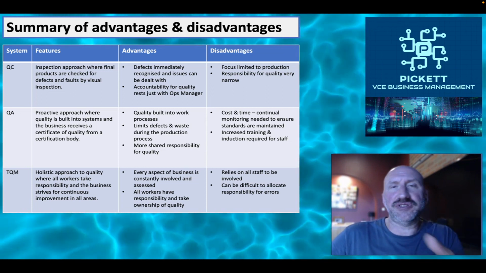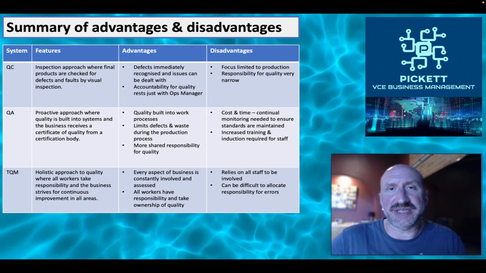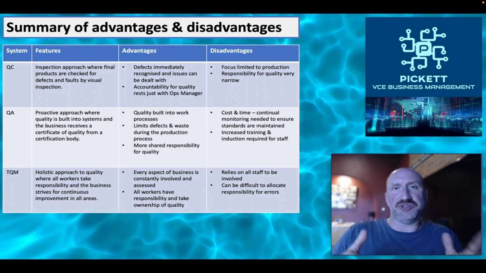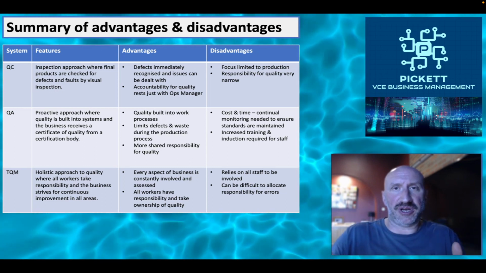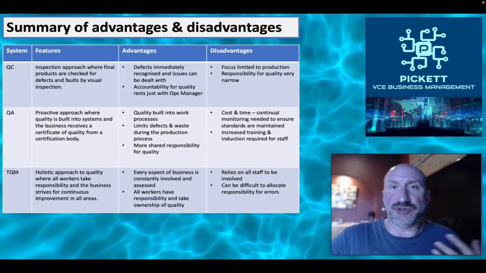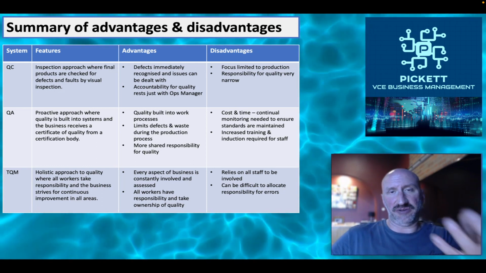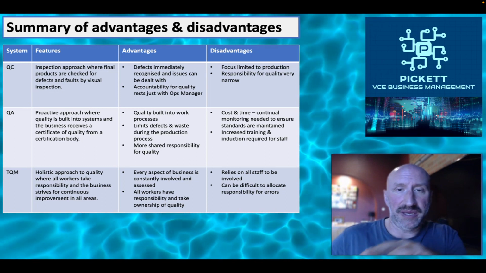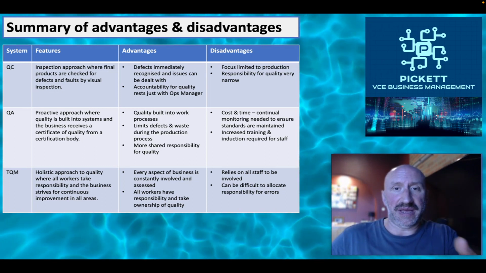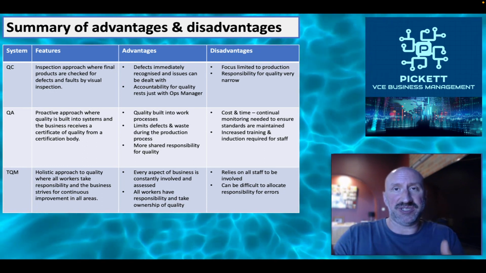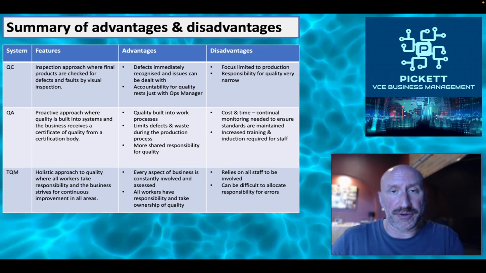And think advantages and disadvantages, you tend to use these in a discuss question. If you just put one disadvantage of QC is focus, limited production, that's not going to get you the mark. You need to expand on these when you're using them in answers. So this is a real summary table. Don't just copy straight out of here and expect to use them as they are. This is meant to be a summary for you to use and then build upon.